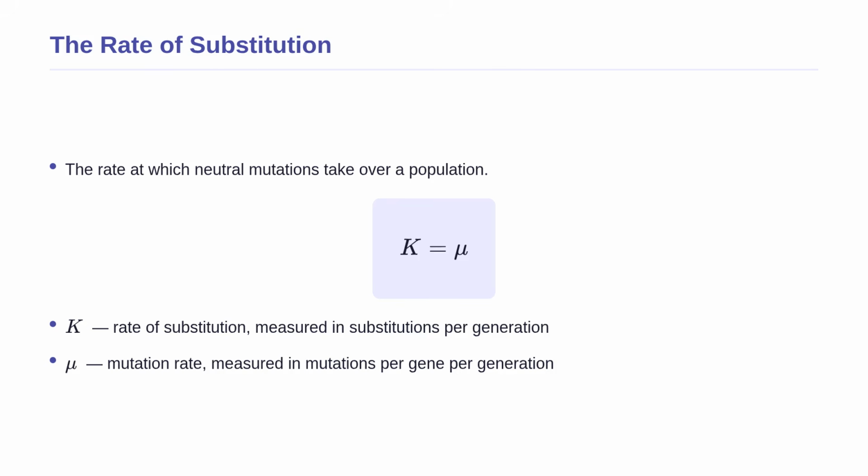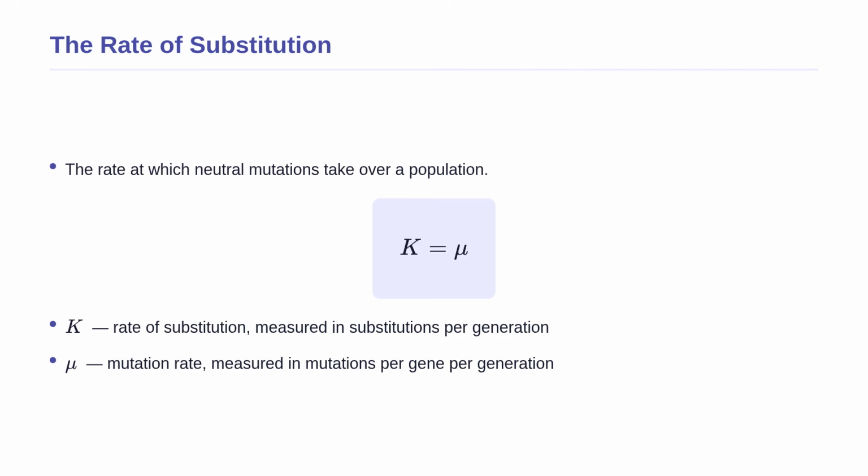Knowing how important this steady accumulation of mutations is, let us look at the mathematics behind it. The most profound mathematical takeaway of the neutral theory is the formula for the rate of substitution. Conceptually, this formula tells us how fast new neutral mutations appear and successfully take over an entire population. The formula is beautifully simple. K equals mu. Here, K represents the rate of substitution, which is the overall rate at which neutral genetic differences accumulate over time.